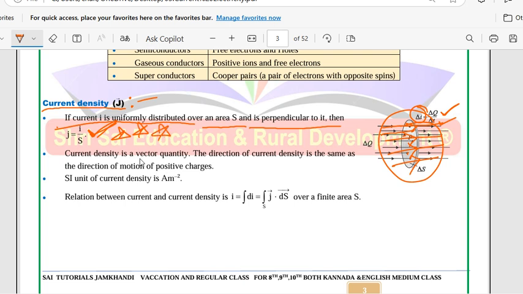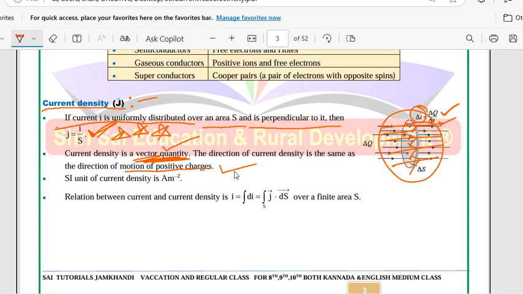Now, current density is a vector quantity because it has magnitude as well as direction. The direction of current density is the same as the direction of motion of positive charges.